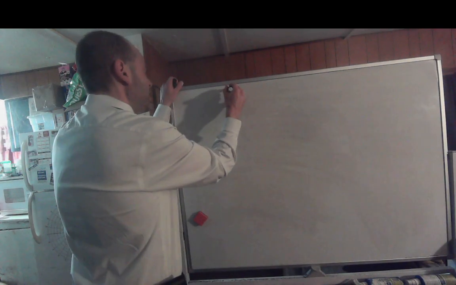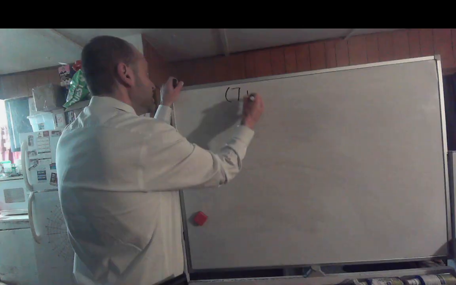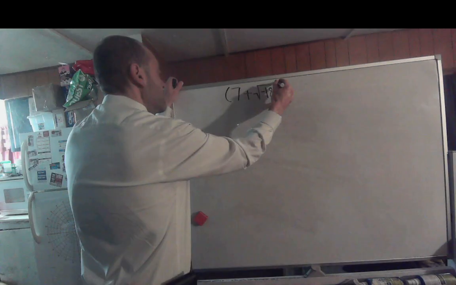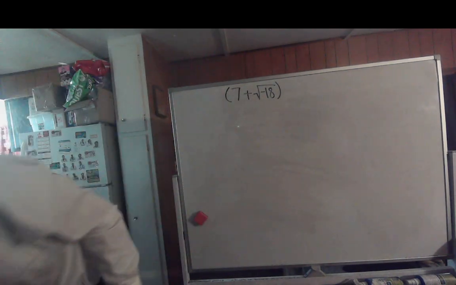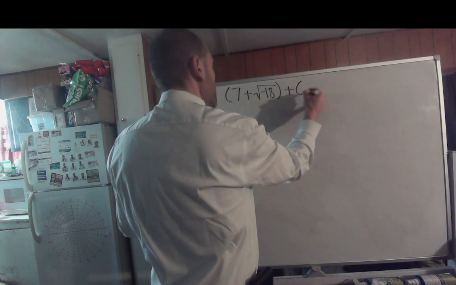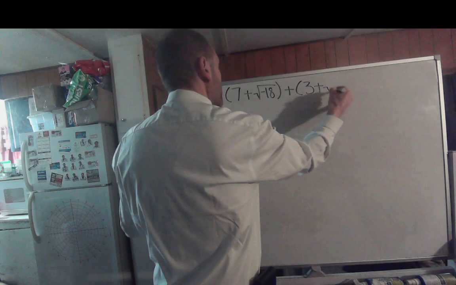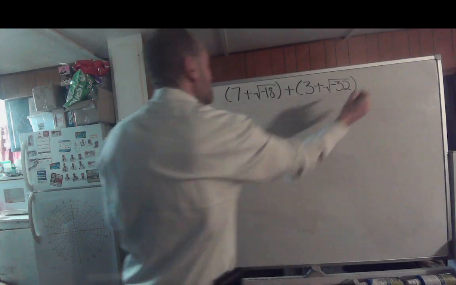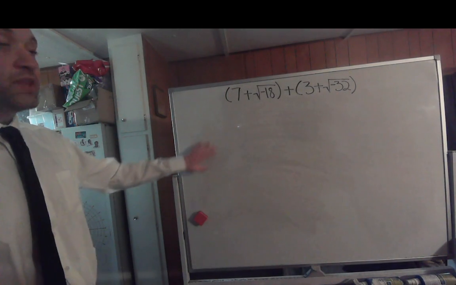All right, now how about this one? You have the quantity 7 plus the square root of negative 18 plus the quantity of 3 plus the square root of negative 32. So how the heck are we going to deal with that?